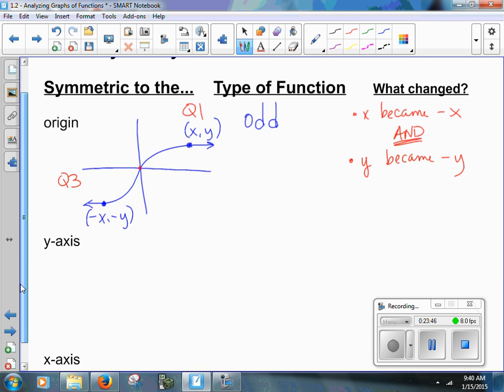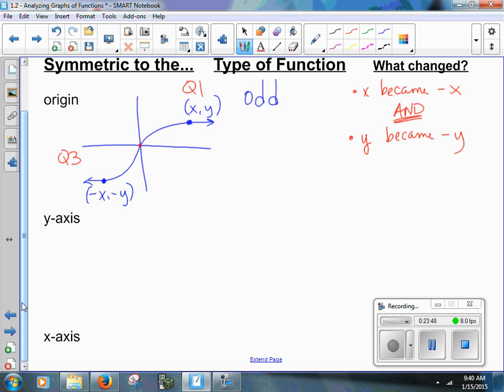Let's look at the y-axis. Here's how the y-axis is an even. If the function is symmetric to the y-axis, it is an even function.